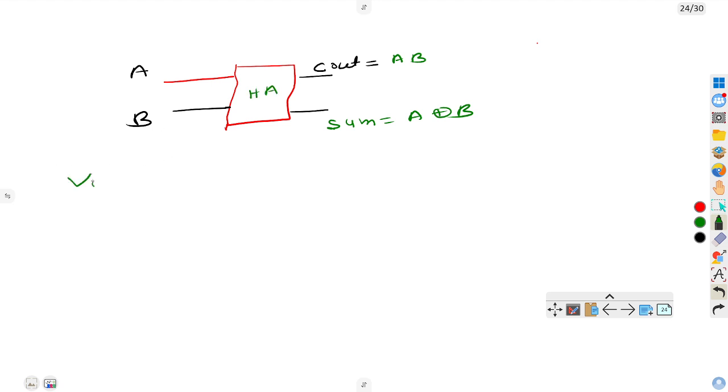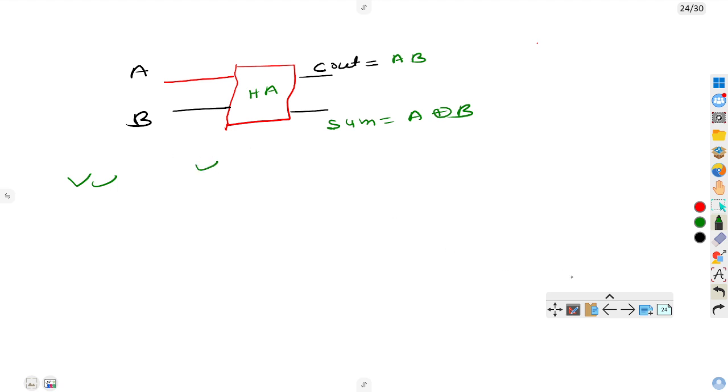Okay. So this is the block diagram. Every time we need a half adder, we will insert the half adder block. Inside the half adder there is a circuit, one XOR gate and one AND gate. Okay. I hope you understand this thing.